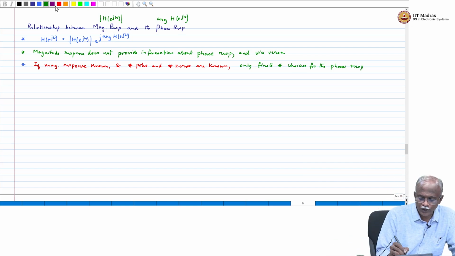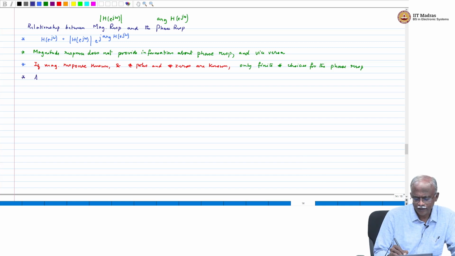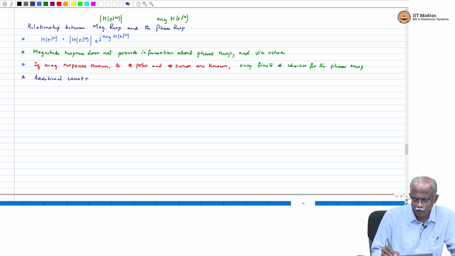And you can actually restrict it even further by imposing additional constraints. What are some additional constraints which can limit the number of choices for the phase response? You can say that you want causal stable.